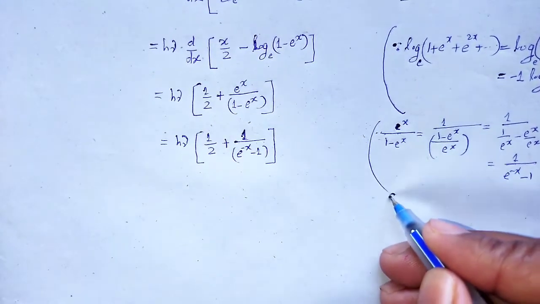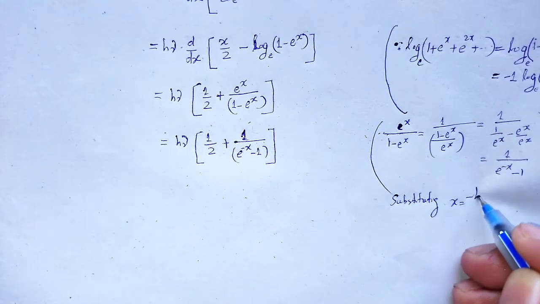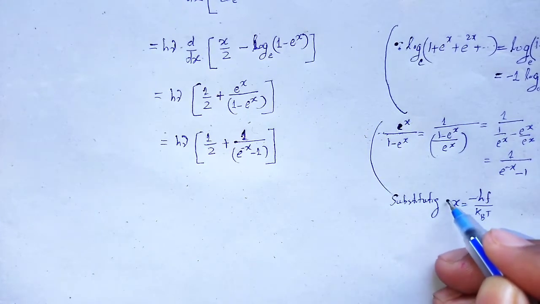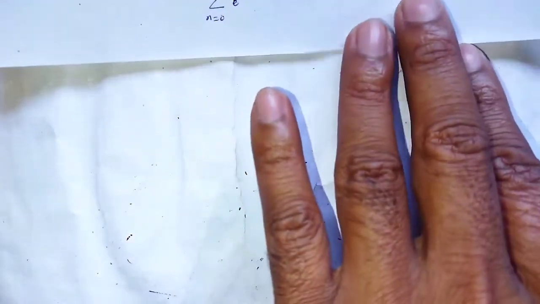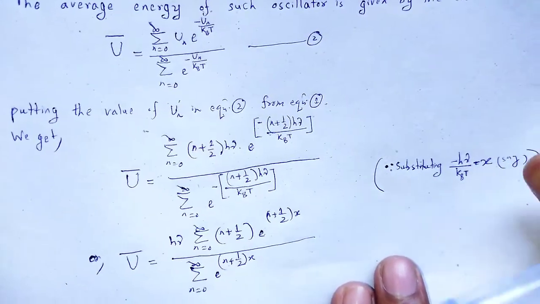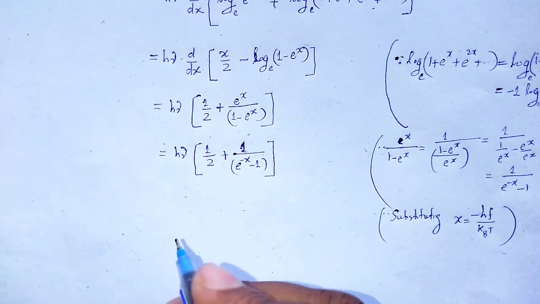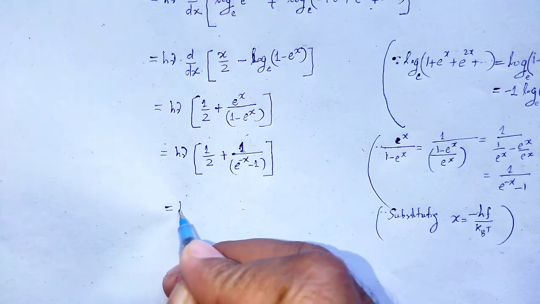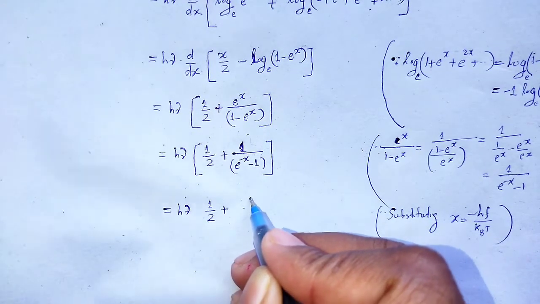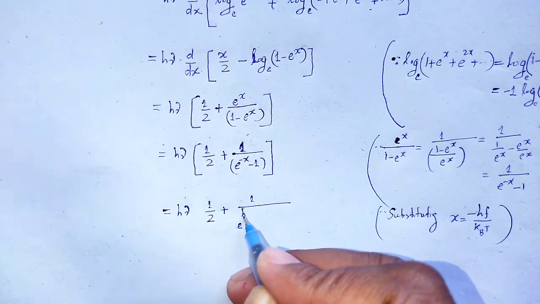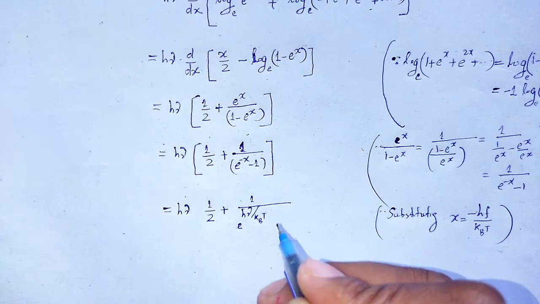Again substituting x is equal to h nu divided by kBT, as we substitute in this, it will be h nu times half plus 1 divided by e to the power h nu divided by kBT minus 1.